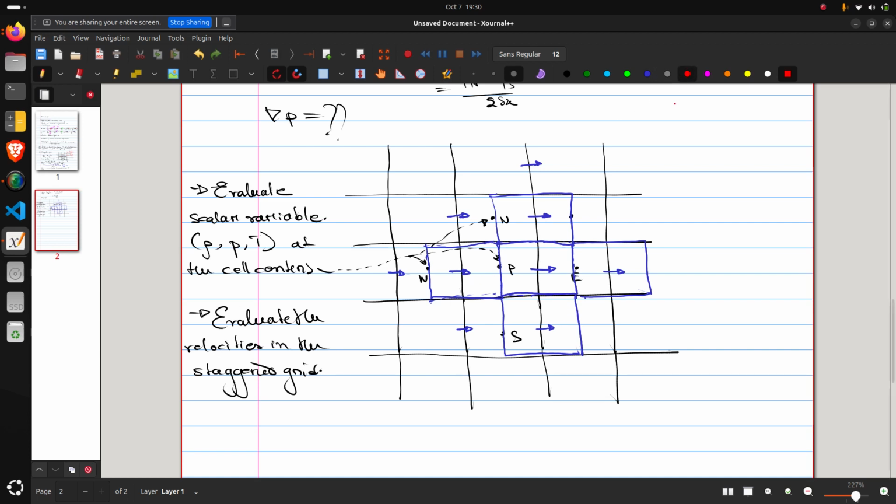And what about the y component? So the y component will have velocity in this one, y velocity, right. So we will again stagger the grid in the y direction now, and these will be its neighbors.